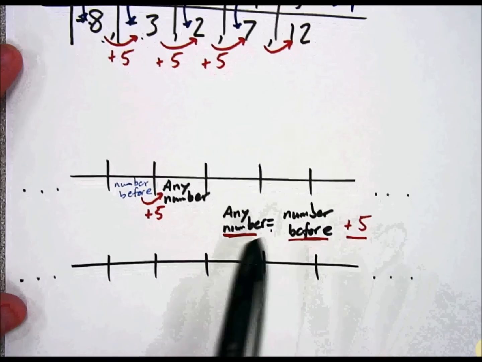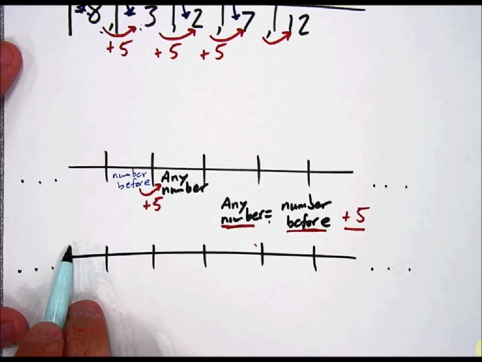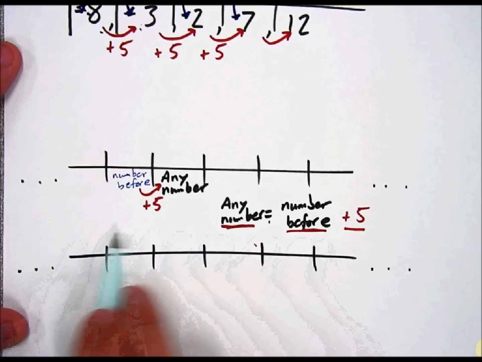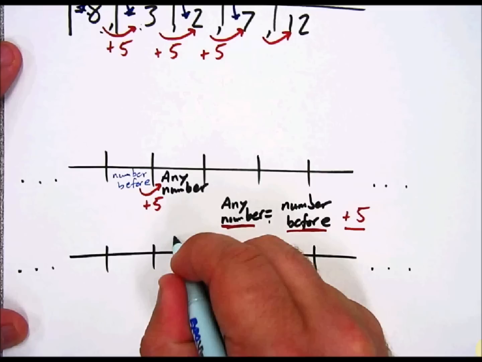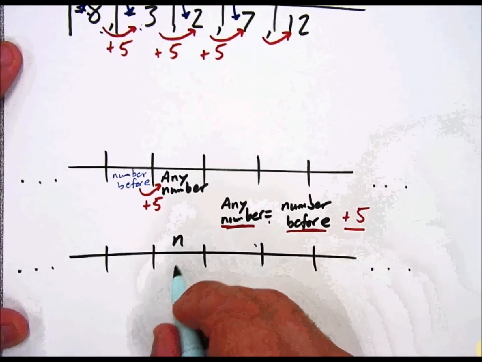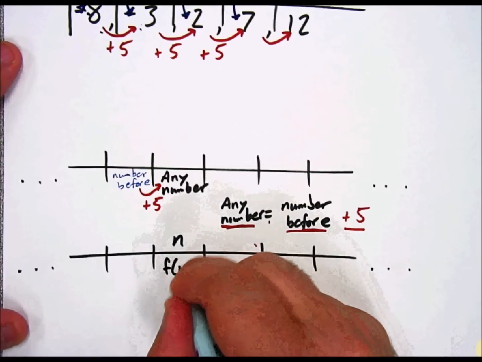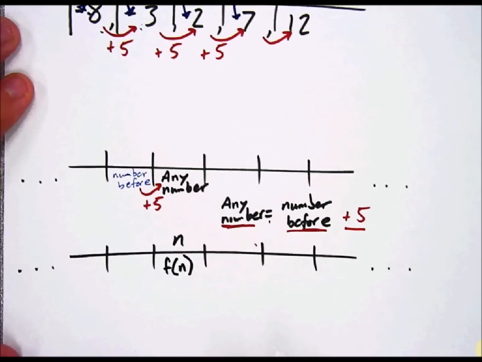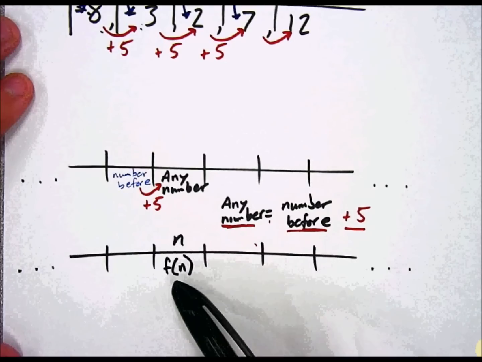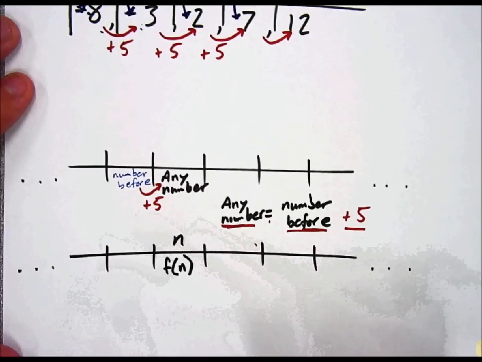Instead of saying any number, what term do I want to talk about? Well, any one I want. Let's just say this is n, the nth term. Then any number in the sequence I want would be called f of n. And if this is f of n, what do we call these other things around it?